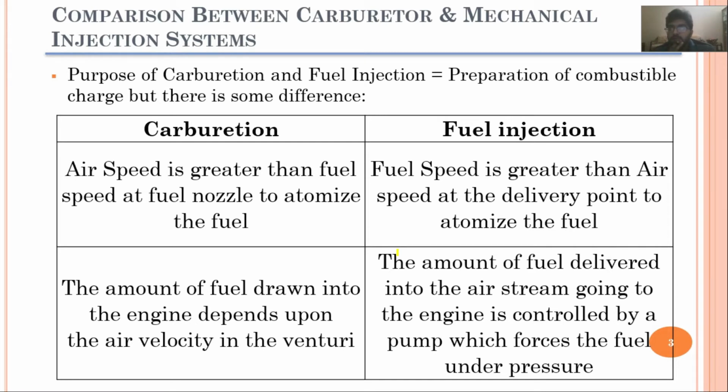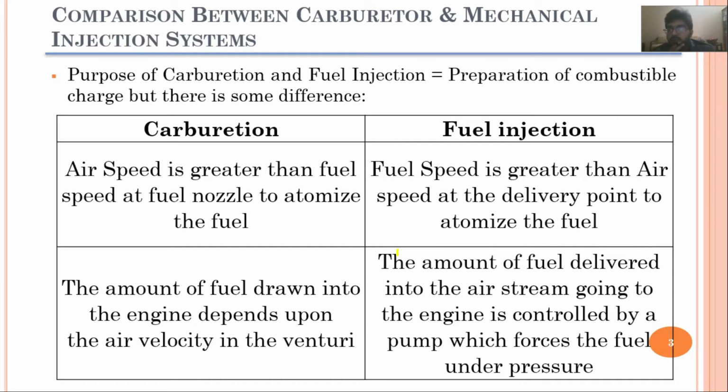As I was explaining the topic of the carburetor in the earlier classes, I explained that the air comes from the atmosphere and then goes into the venturi section, where the speed of the air is increased, because it's a converging diverging nozzle section.